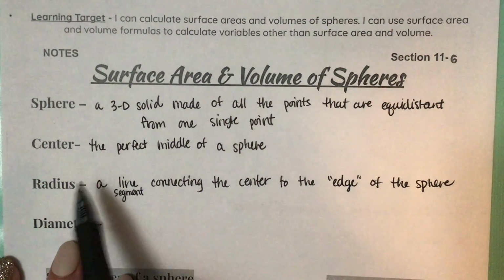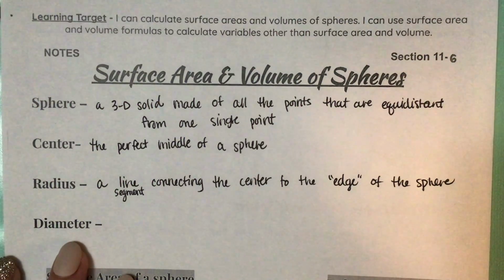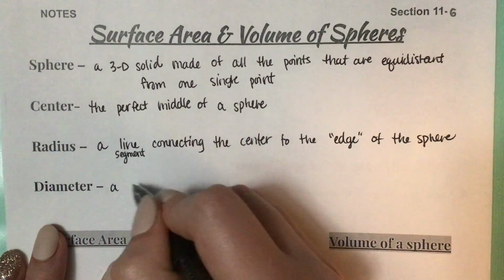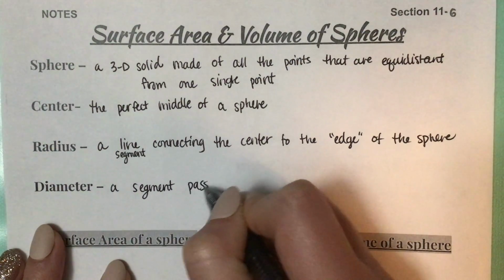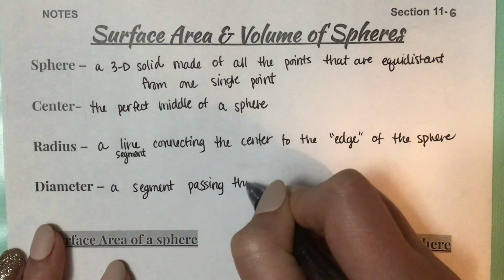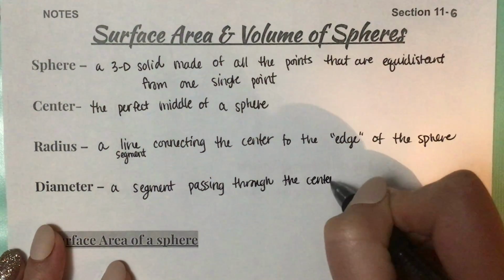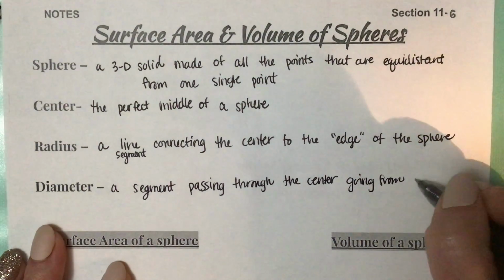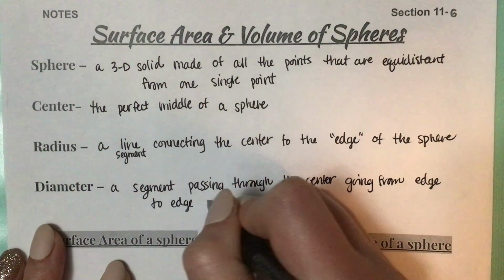Now, a diameter is going to go from edge to edge of the sphere, but it needs to pass through the center. So a segment passing through the center going from edge to edge of the sphere.